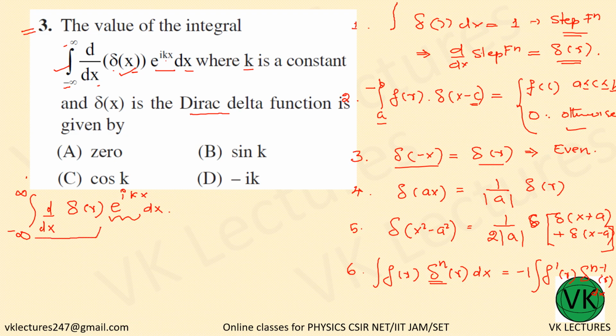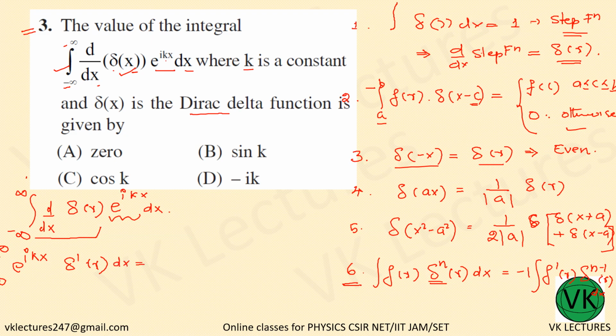Now you can write the sixth point what we have discussed here as integral from minus infinity to plus infinity e to the power ikx, that is the function that we have, into delta dash of x dx.